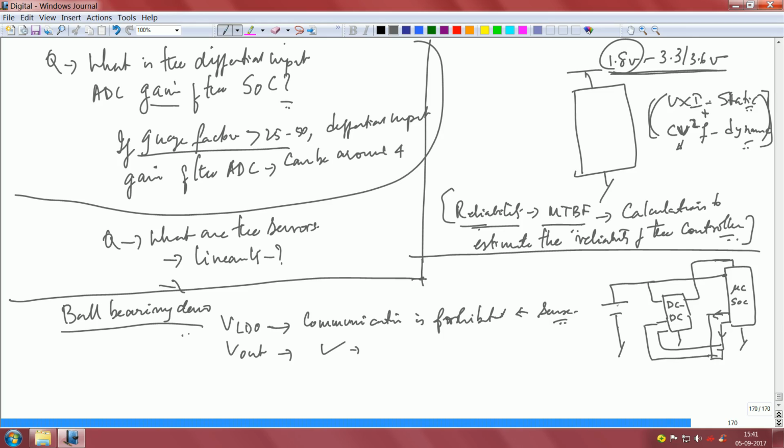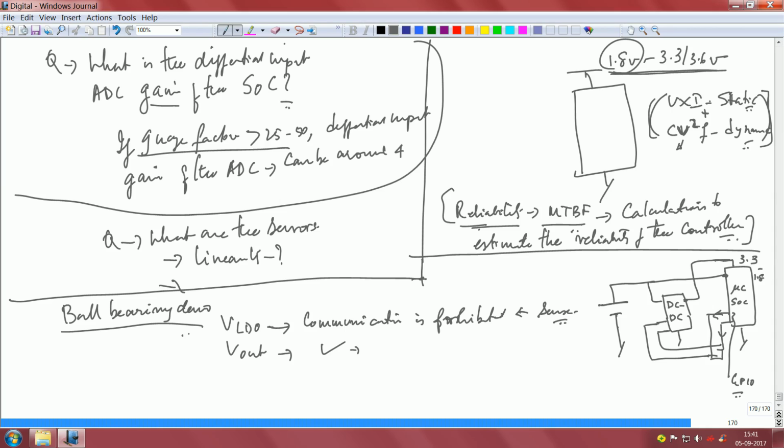The moment this voltage starts dropping, which is sensed by the microcontroller, the microcontroller SoC has the ability to program over the GPIO pins, general purpose input output pins, a value into this DC-DC converter, which will reduce the voltage here from, let us say it began with 3.3, and the moment a bit combination is put up here, it becomes 1.8.